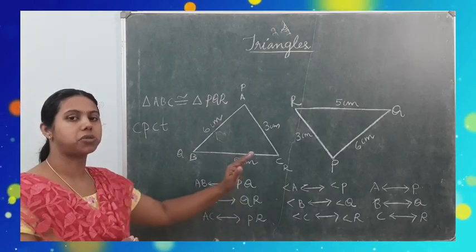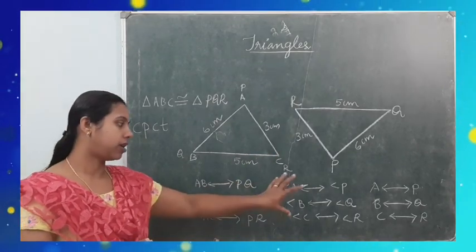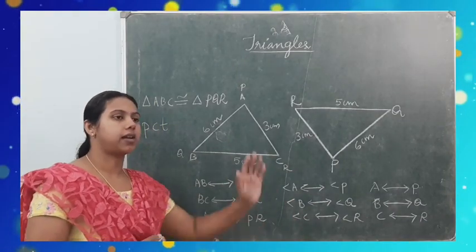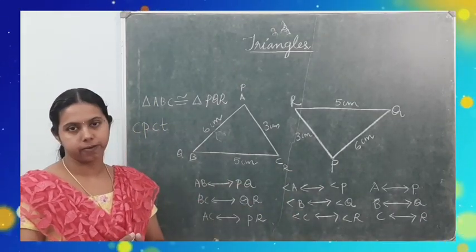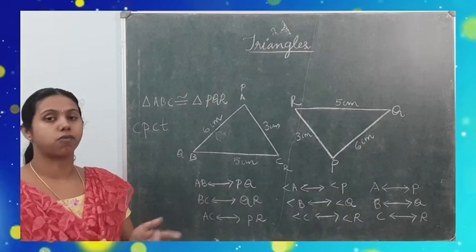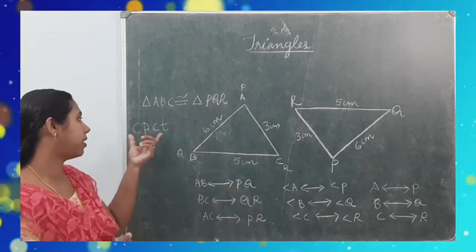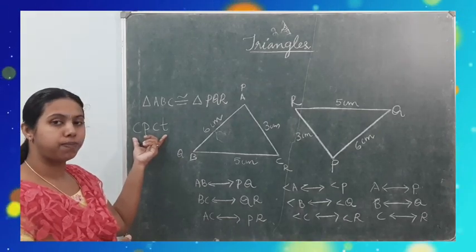Three sides are equal to the three sides of the other triangle. Three angles are equal to the angles of the other triangle. Vertices correspond to the vertices of the other triangle. In short, we write it as CPCT.